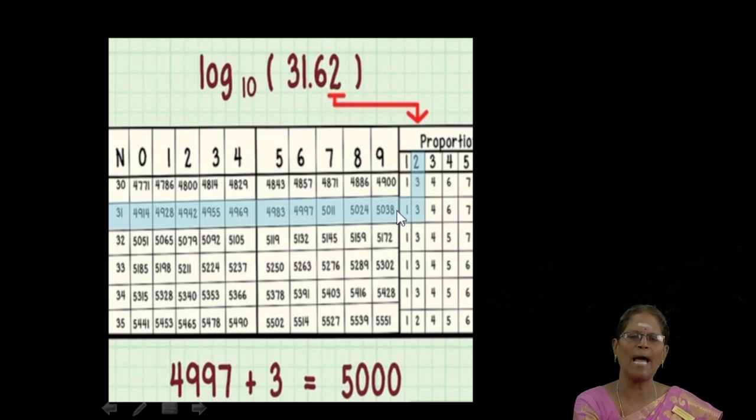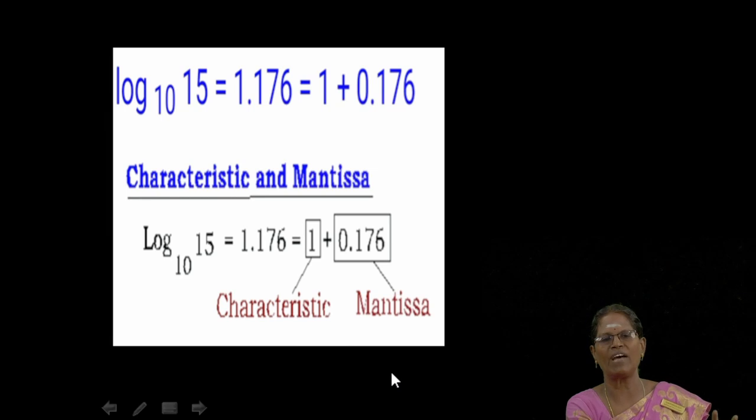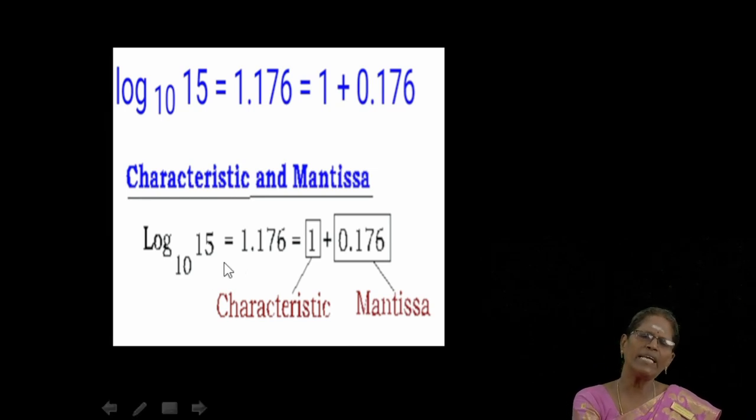This 3 is to be added to 4997. So we get the value 5000. So this is the way of finding the log value. When finding the log value, we have looked at just the mantissa. The mantissa will always be positive.